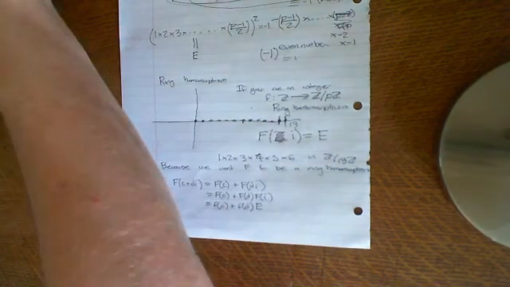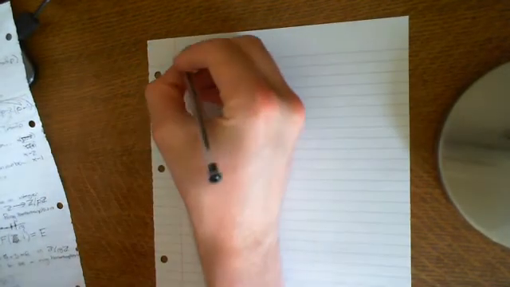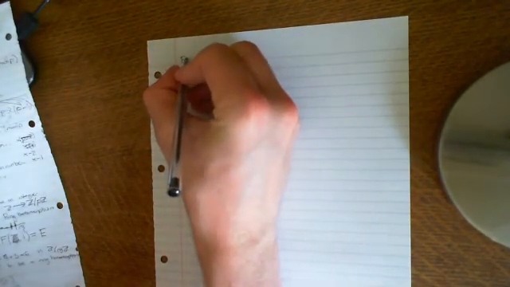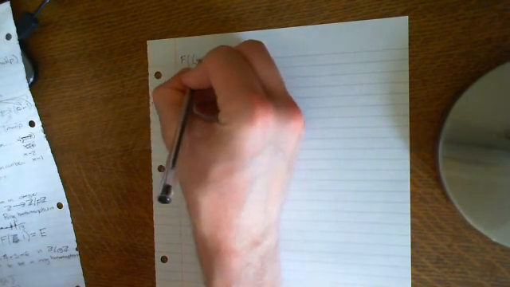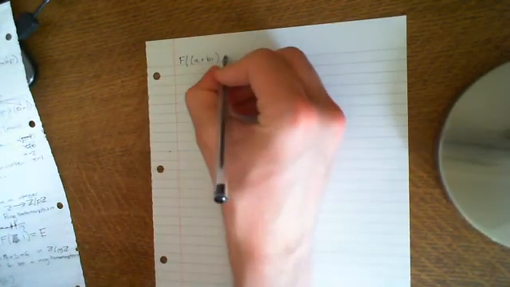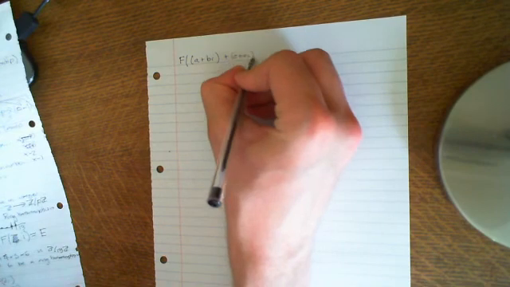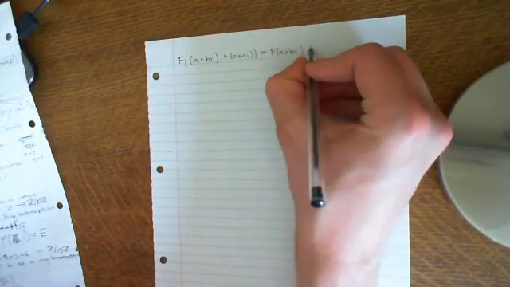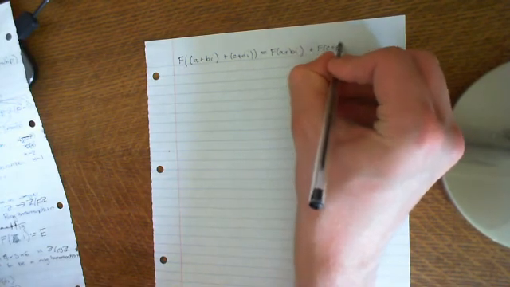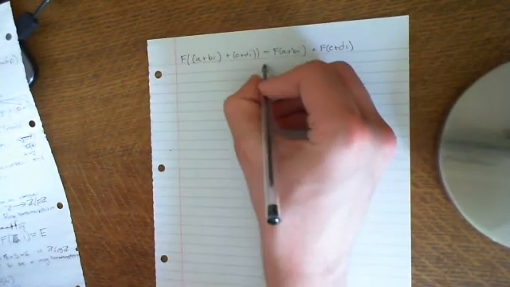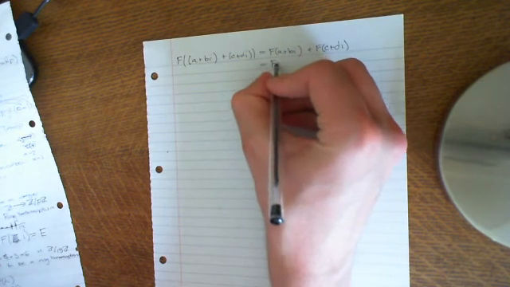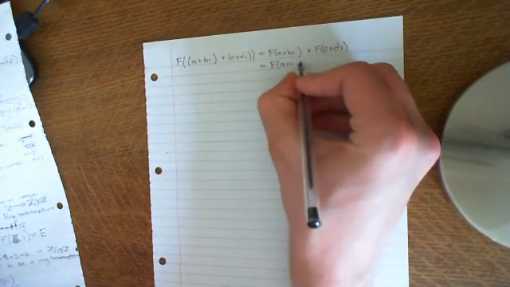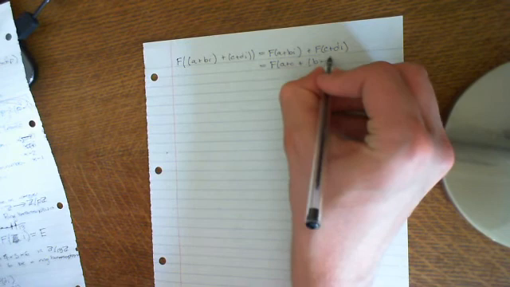Okay. So, onwards we go. I need to show you two things. I need to show you that F of, let's say, two arbitrary Gaussian integers, (a plus bi) plus (c plus di), is equal to F of (a plus bi) plus F of (c plus di). So that's the claim. So what do I know this is equal to? Well, I can rewrite this as F of (a plus c) plus (b plus d)i.